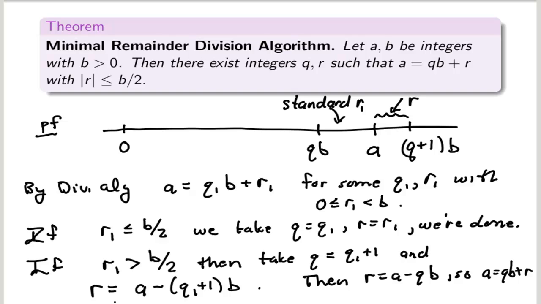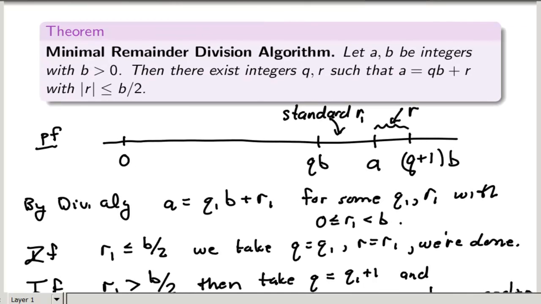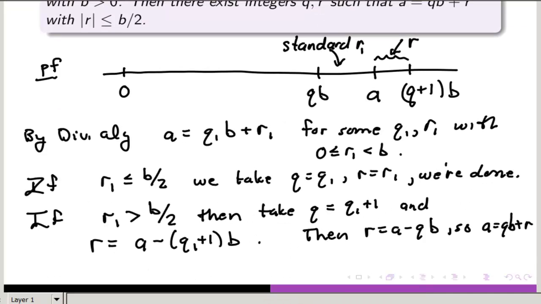So coming back to this equation right here, we have A is Q1 B plus R1.